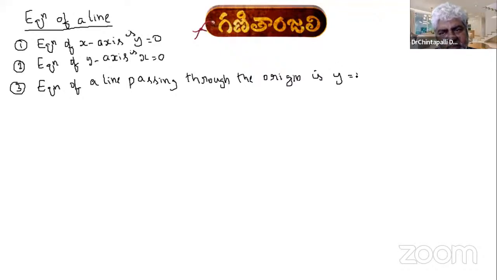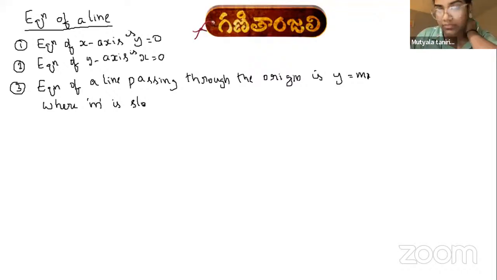Y is equal to mx, where m is the slope of it. Have you got the reason why we use m here? M stands for slope. M is nothing but the slope, where m is the slope of it.